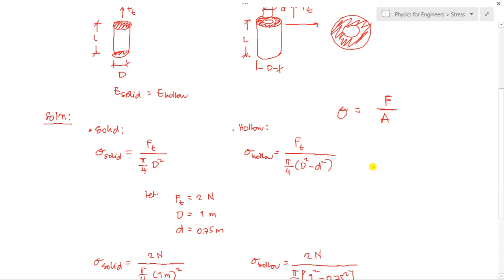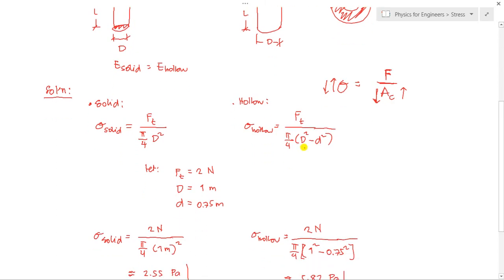Do you agree, Mr. Pagas? That is the area A. The hollow has a smaller cross-sectional area because it has a hole, and therefore a bigger stress. Unlike the solid, which has a bigger cross-sectional area, so therefore its stress is smaller.